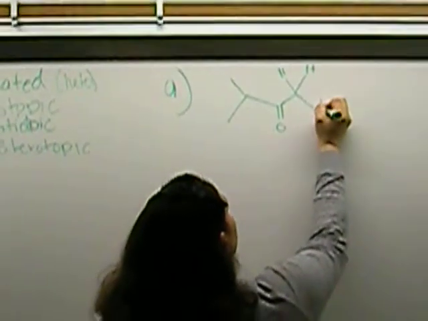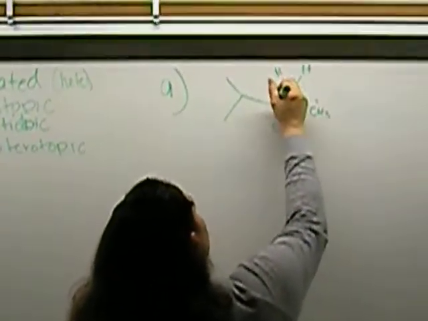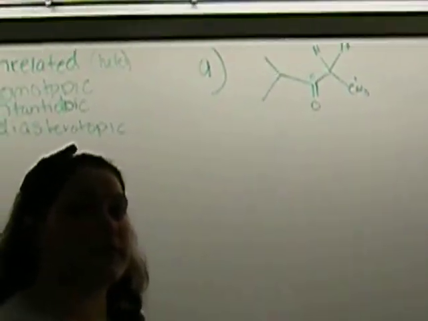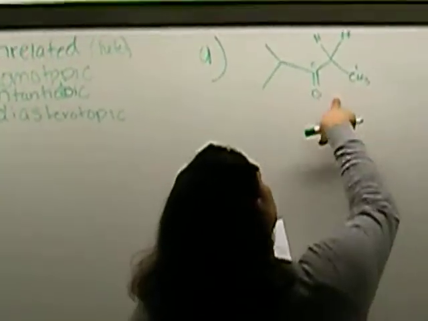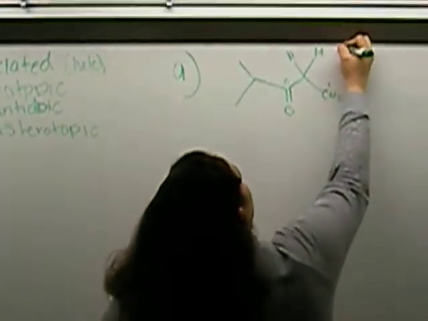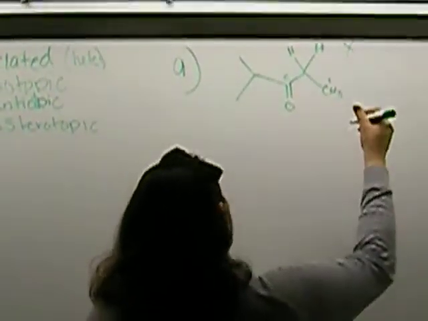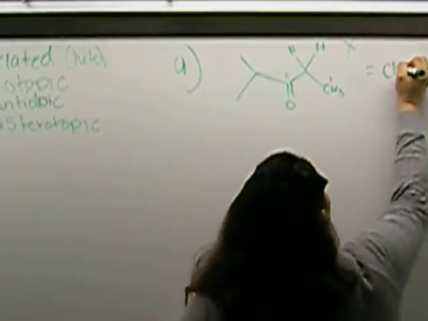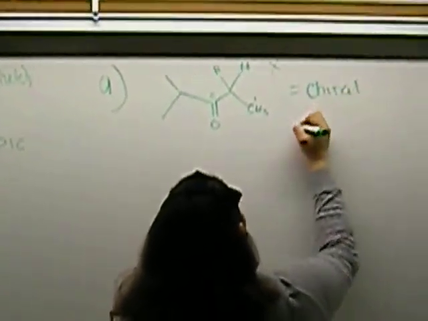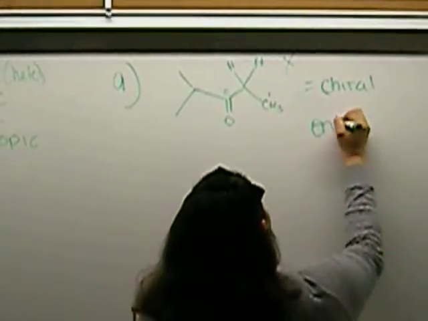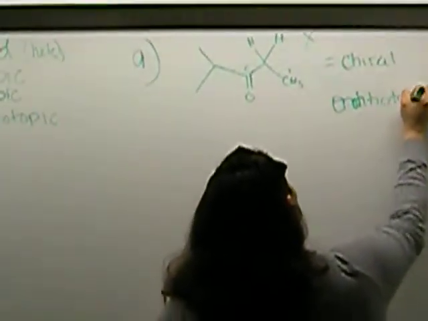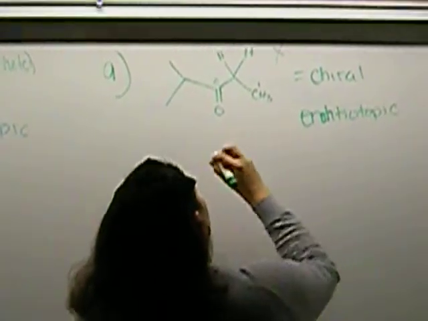This is a methyl group, and this is a carbon containing a double bond. So they're two different things. And so, if you replace it with an X, it will cause it to be chiral, therefore yielding an enantiotopic hydrogen.